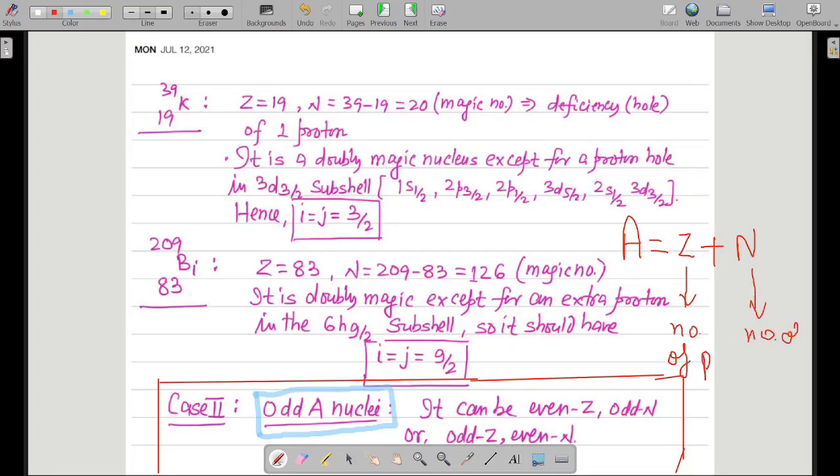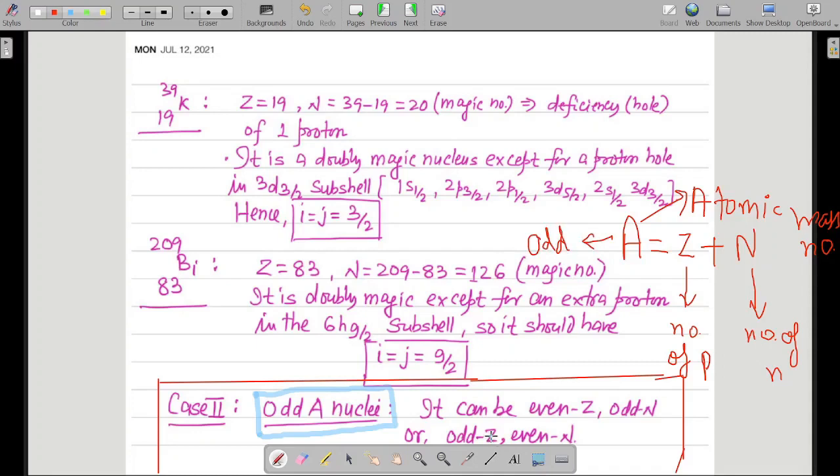When you add the number of protons and the number of neutrons, you get the atomic mass number A. Now, if the atomic mass number A is odd, then what are the combinations that are possible?